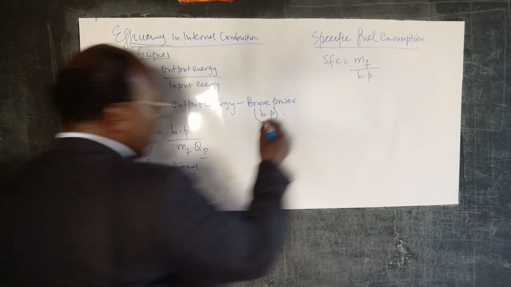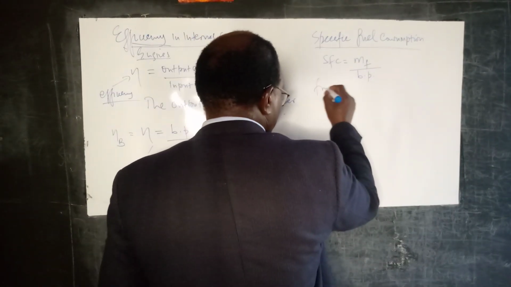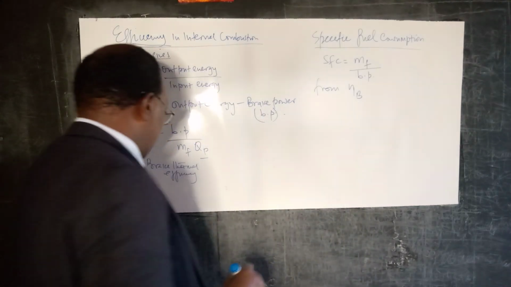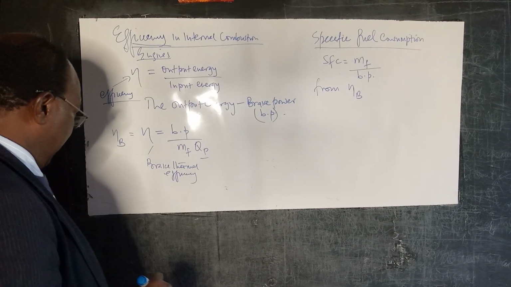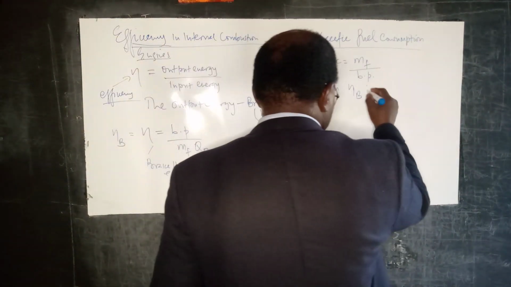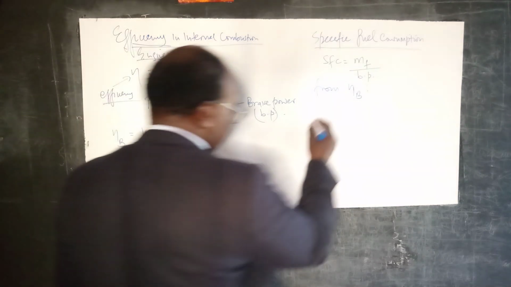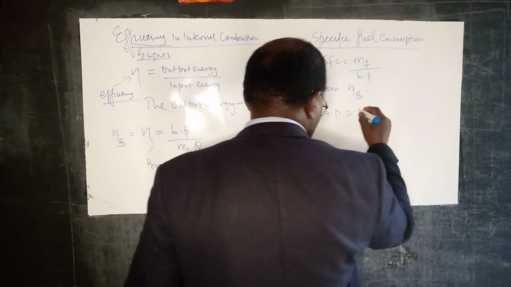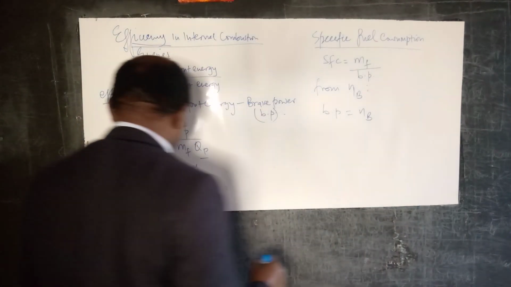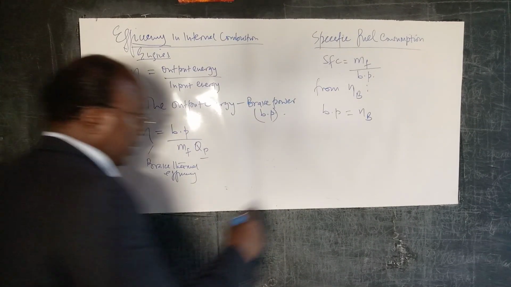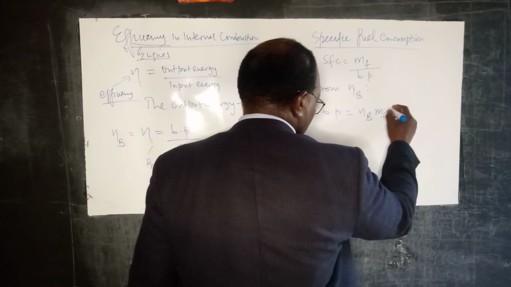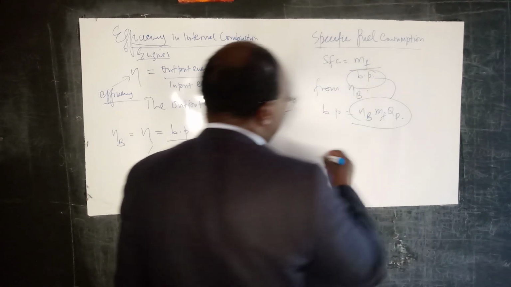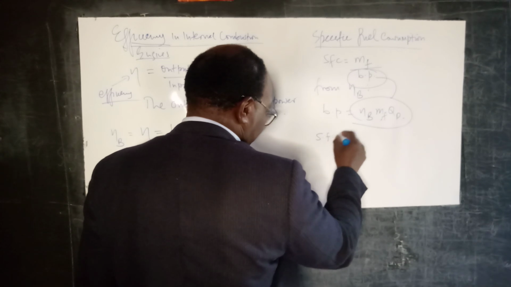From the expression for the brake thermal efficiency, we can see that BP, in this case the brake power, is basically given by the brake thermal efficiency. So we can plug in this value and see the expression we get in terms of specific fuel consumption.